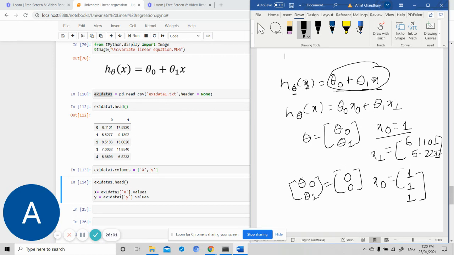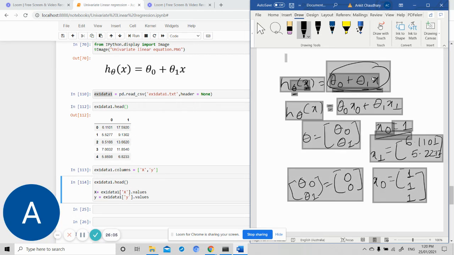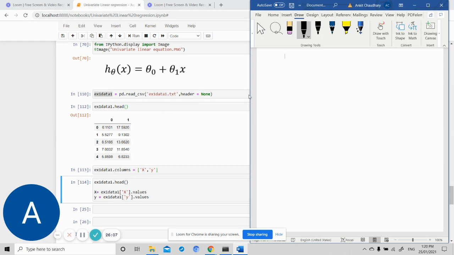So let's first create our x naught, which is by default 1 1 1 up to the length of our data.